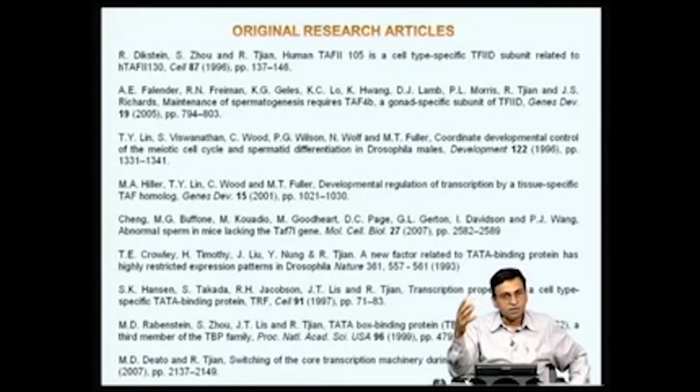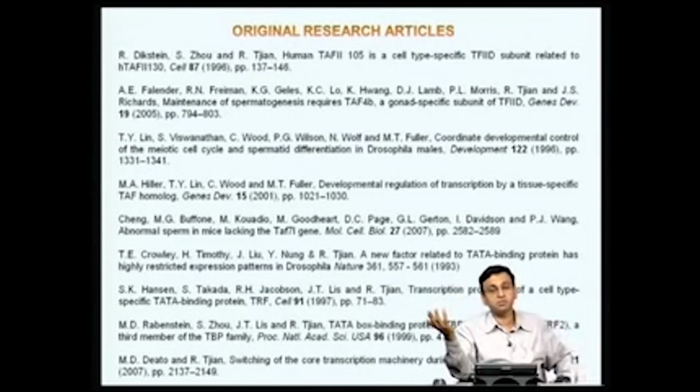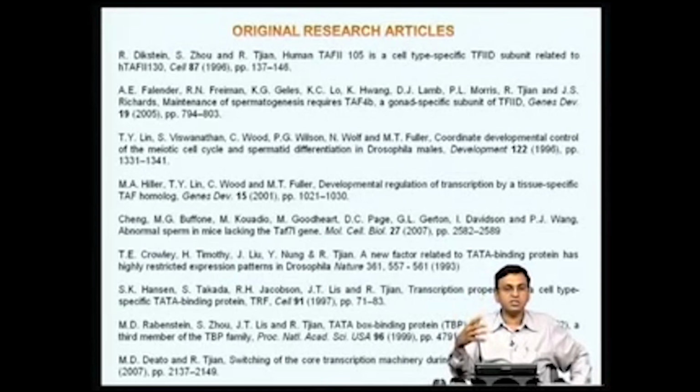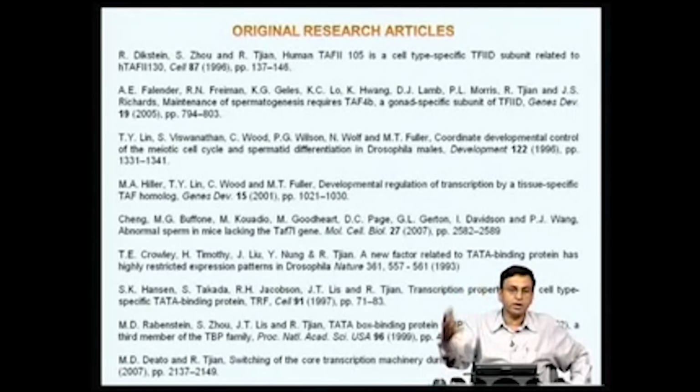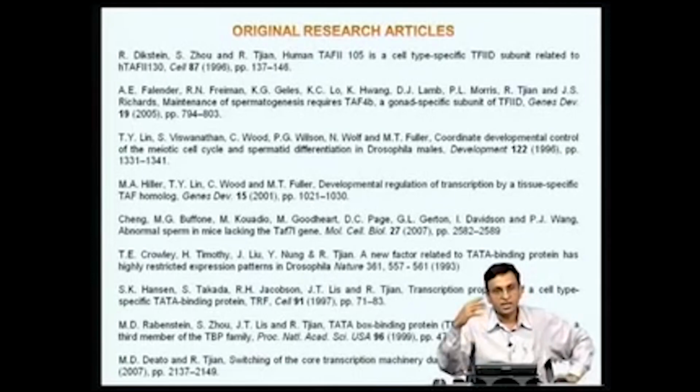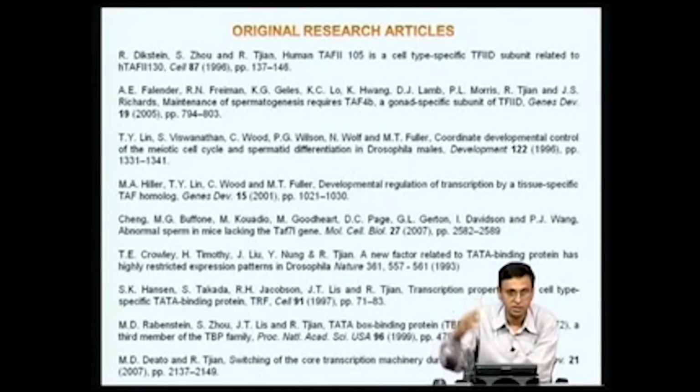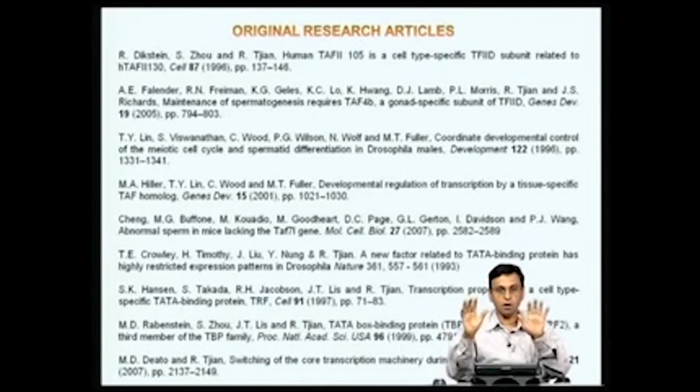There are variants of TFIID, there are variants of TFIIA, and there are variants of other general transcription factors, and by selectively expressing these variants of TBP or TAFs at different time points during development and in different cell types and tissues, different sets of genes can be activated or repressed, contributing to cell type or tissue specific regulation of gene expression. This is the crux of today's talk.